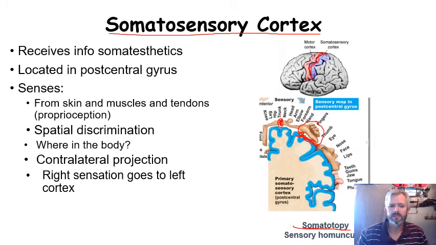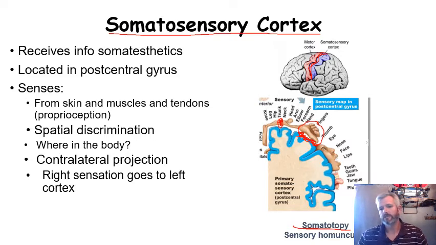So what does this probably tell you about the amount of receptors in these different regions? We have lots of sensation in our hand compared to the reception we have in our trunk. We have a low density of receptors in our trunk, very high density in our hands, which makes sense because we basically feel the world through our hands.